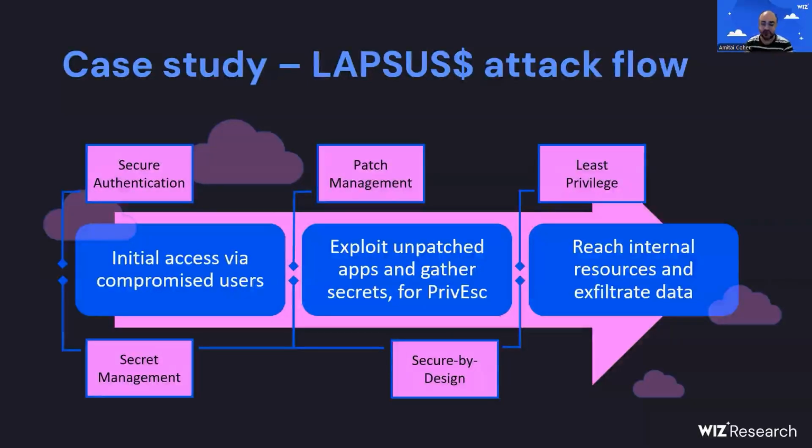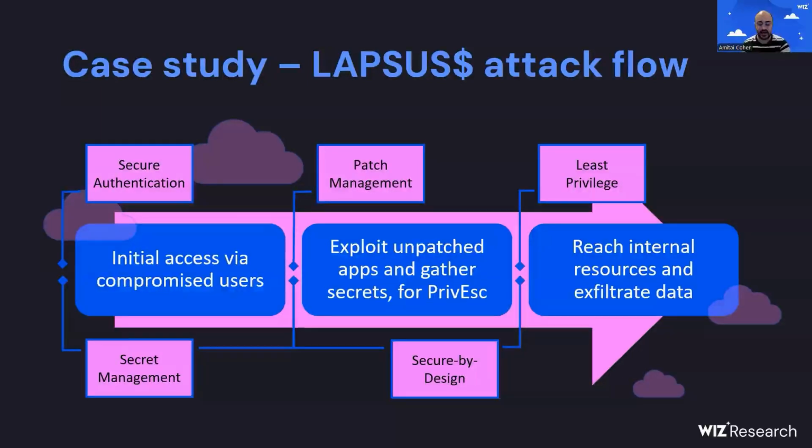If you want to prevent initial access through compromised users, unless you're dealing with someone who's actually being paid to provide access, in most cases you're dealing with someone who just stole credentials through an info stealer, for example. And in that case, having MFA saves you a lot of risk. It reduces the amount of risk by, I don't know, like 80%. Just by having secure authentication, you can make a lot of the things that threat actors are trying to do completely nullified. Similarly, if you have good secret management in place, you can achieve similar results.